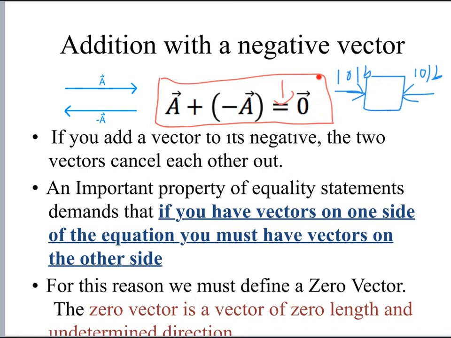So we can't just set it equal to 0 because 0 by itself is a scalar. That means that the 0 that we set it equal to has to be the 0 vector. And we define the 0 vector as a vector of 0 length and some undetermined direction. So it doesn't really have any direction. It could have every direction. It doesn't really matter. But a 0 vector is a vector with no length and no direction, or at least an undetermined direction.